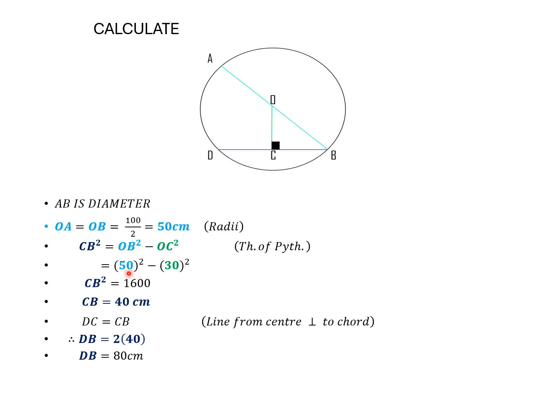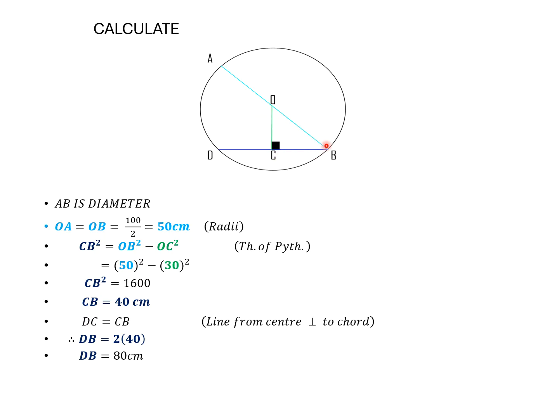So 50 squared would give me 2,500. 30 squared would give me 900. So 2,500 minus 900, CB squared equals 1,600. Square root of 1,600 and square root of CB squared. So CB then equals 40 centimeters. So that is 40, that is 30, and that is 50.